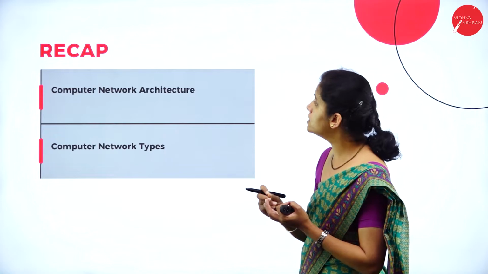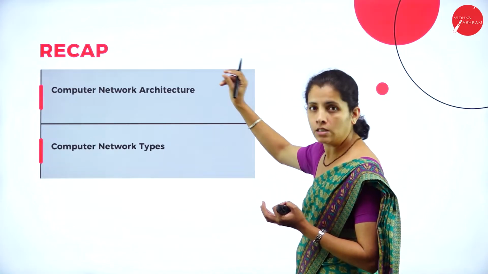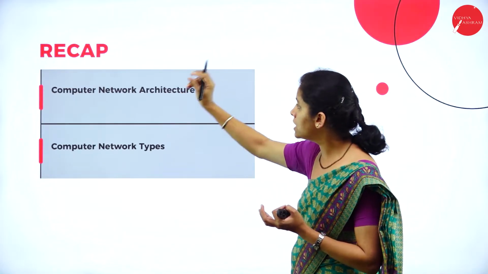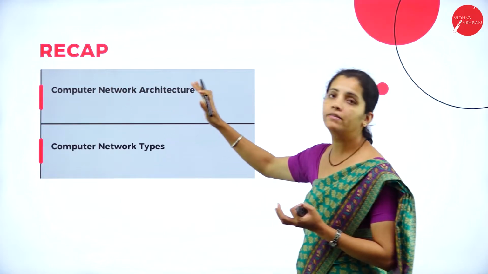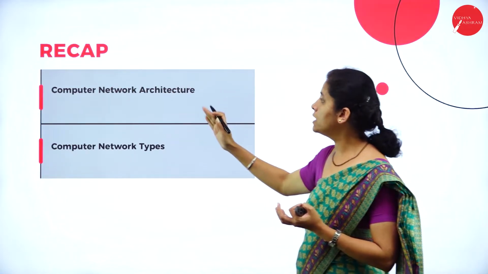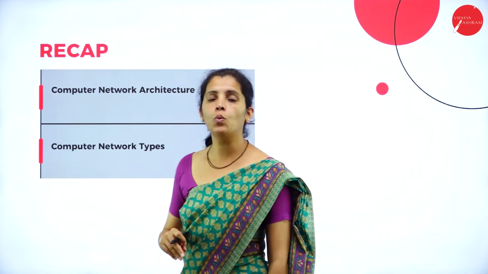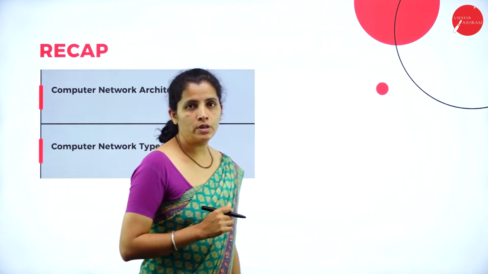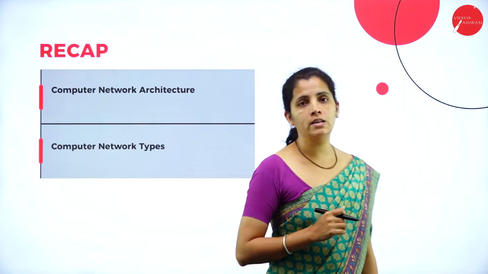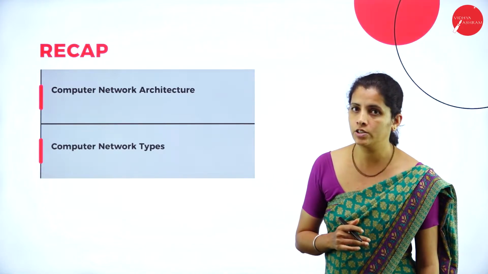All those things we are going to discuss or select in computer network architecture. There are two types of computer network architecture: one is peer-to-peer computer network architecture and another one is client-server architecture.